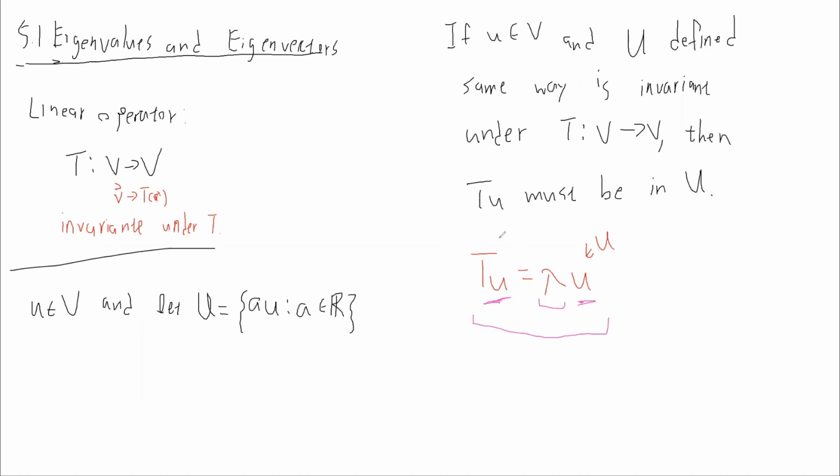That's the main idea of eigentheory, eigenvalues and eigenvectors. In fact, if this is true, then this number lambda is called the eigenvalue, and the vector u is called the eigenvector.